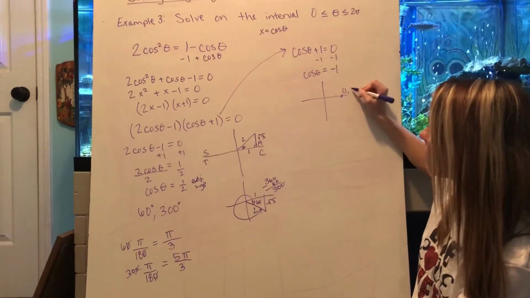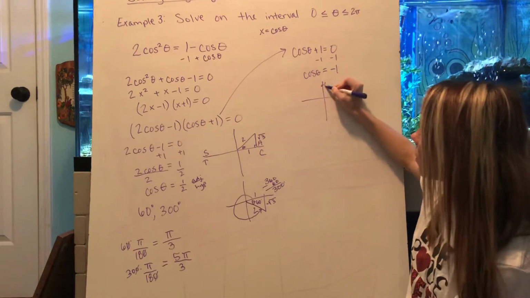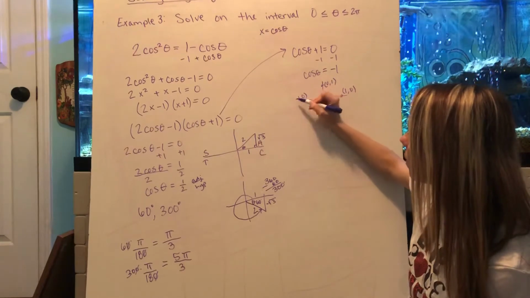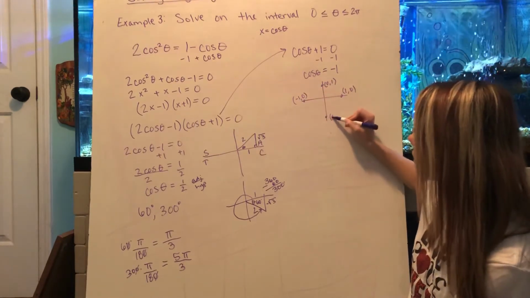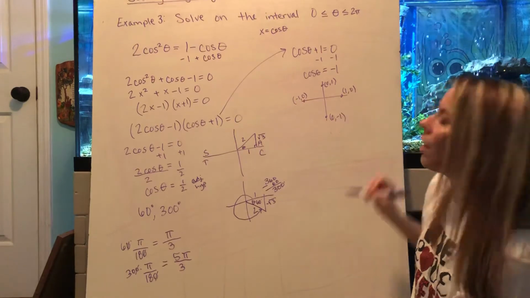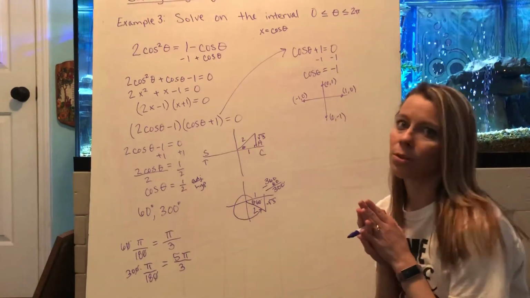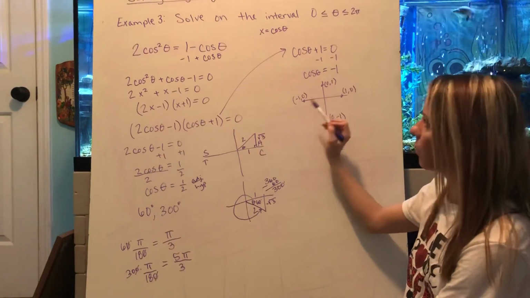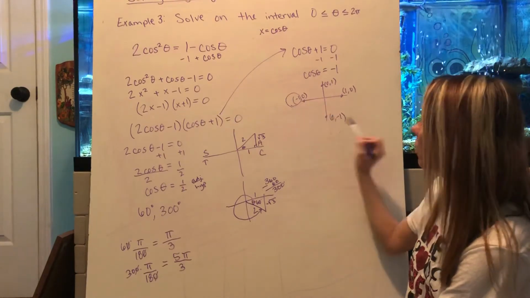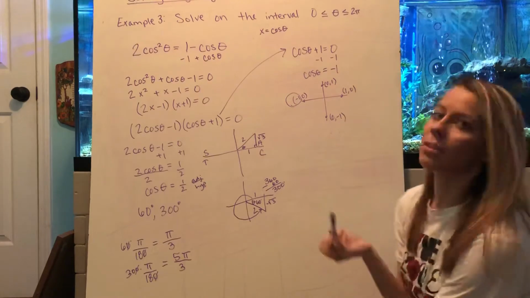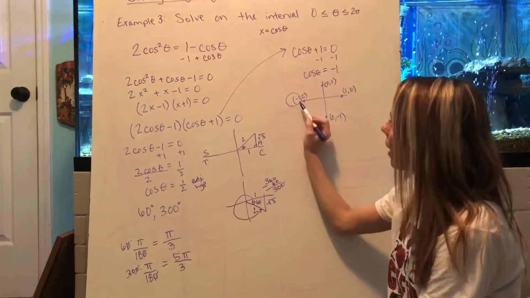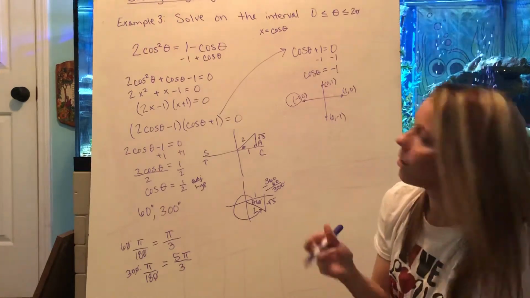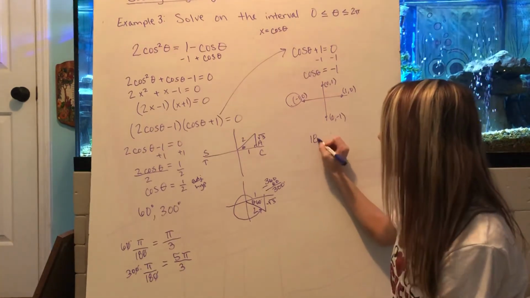So I have 1, 0, 0, 1, negative 1, 0, and 0, negative 1. Cosine values are your x values, so looking at our x values, I go, not negative 1, not negative 1, oh, that one's negative 1, not negative 1. I only go to 2 pi, so I'm back there. So right here at 180 degrees is where cosine is negative 1. So I have 180 degrees.